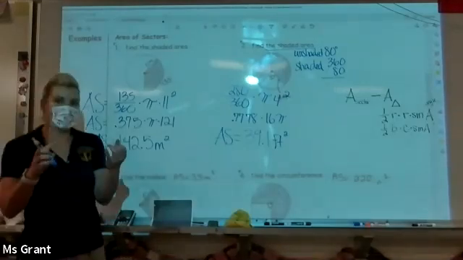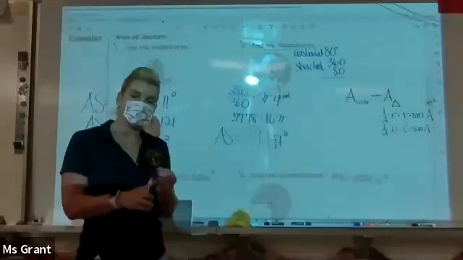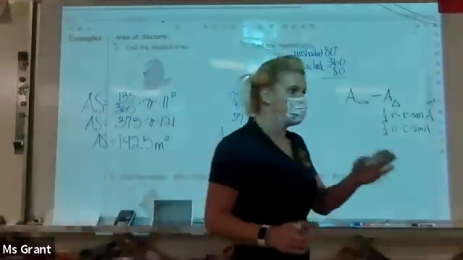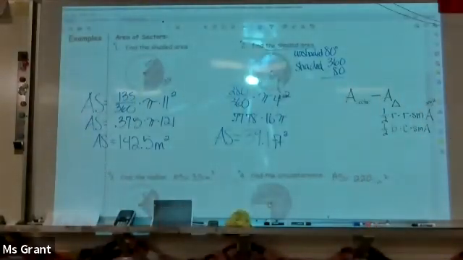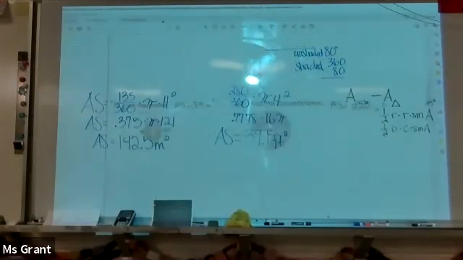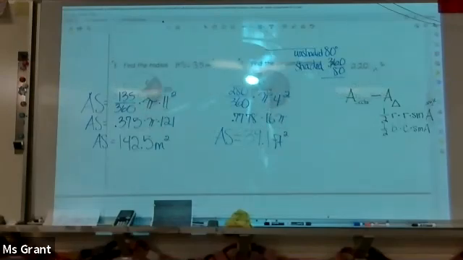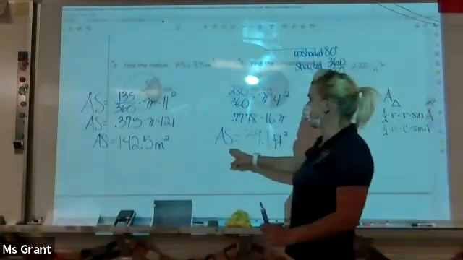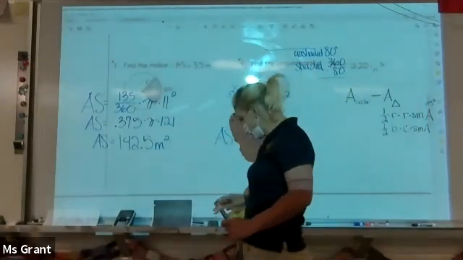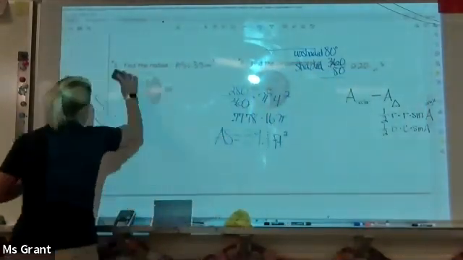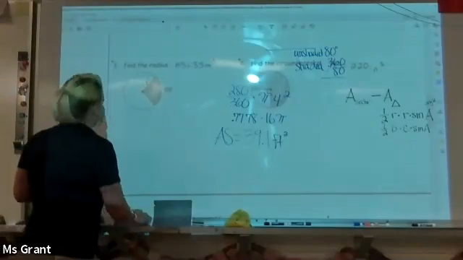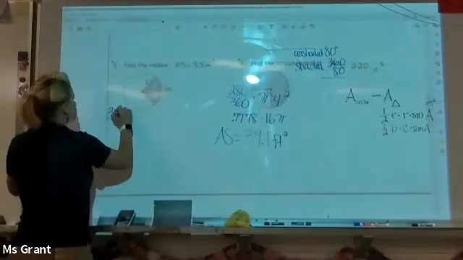Okay, I was given the angle, I was given the radius. Next problems, 3 and 4, I'm going to be given the answer, basically. I'm going to be given the area of the sector. So I'm scrolling down. So instead of AS, I'm actually going to write what I'm given. The area of a sector is 35.